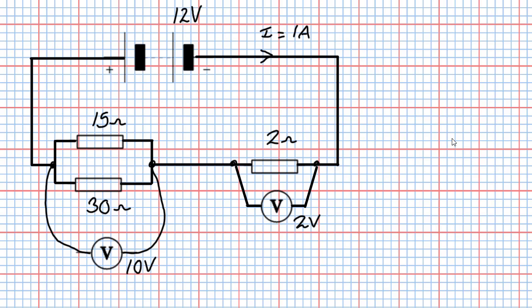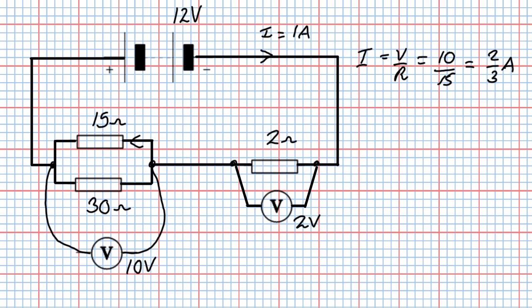Okay, here we have 15 ohms, 10 volts across it, so we can work out the current through the 15 ohm resistor. We know the current through that resistor is going to be given by V divided by R, Ohm's law. So we have the potential difference across it, which is 10 volts, divided by the resistance of it, which is going to be 15 ohms. So we can reduce that to a fraction, and we can say that's the same as 2/3 of an amp.